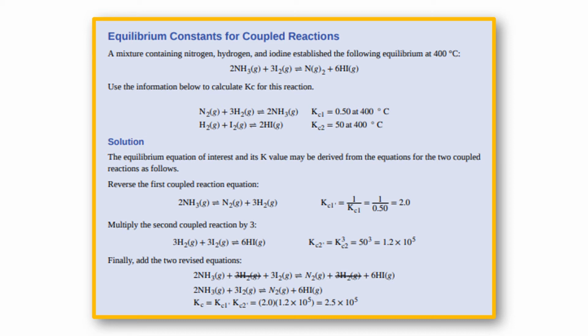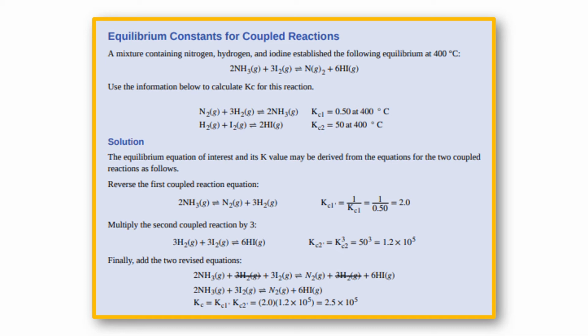So the equilibrium equation of interest and its K value may be derived from the equations for the two coupled reactions as follows. Reverse the first coupled reaction equation, so it will be 2NH3 gives you N2 plus 3H2. The Kc value will be 1 over Kc1, which will be 1 over 0.50, which is 2.0.